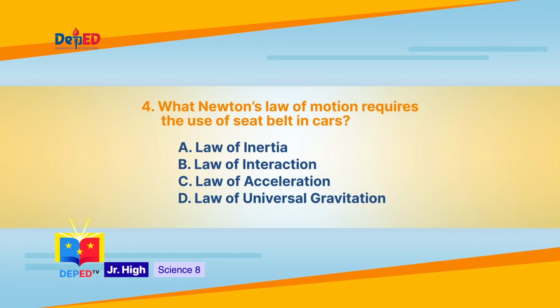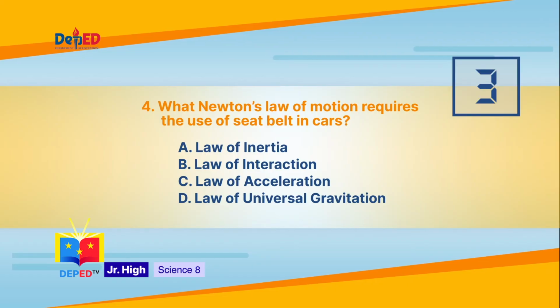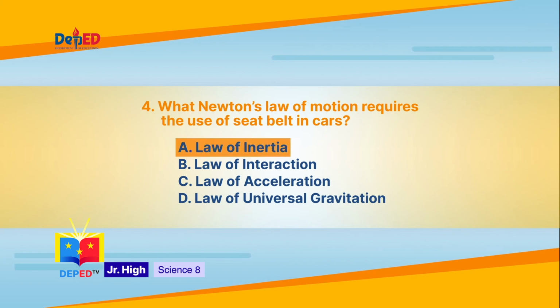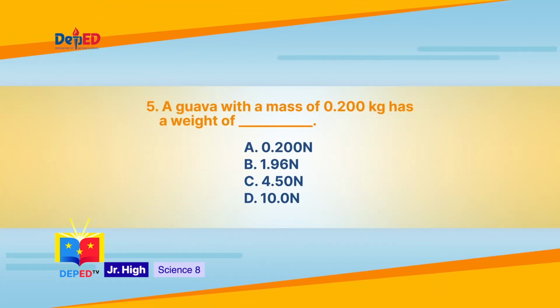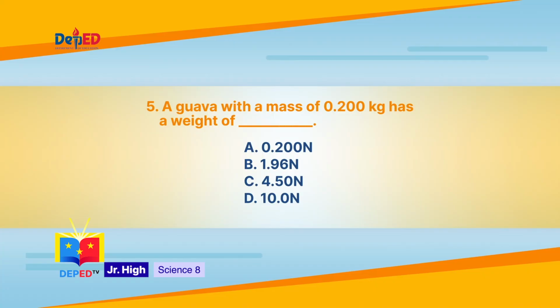B. Law of interaction. C. Law of acceleration. Or D. Law of universal gravitation. A guava with a mass of 0.200 kg has a weight of A. 0.200 newton. B. 1.96 newtons. C. 4.50 newtons. Or D. 10.0 newtons.